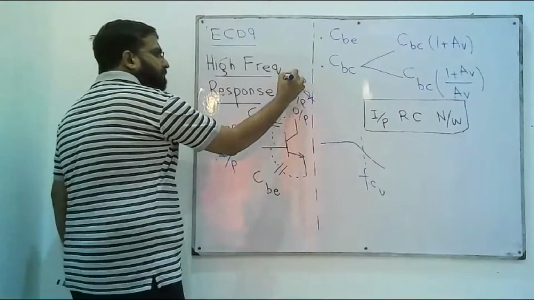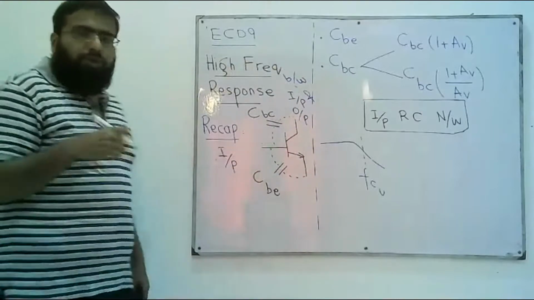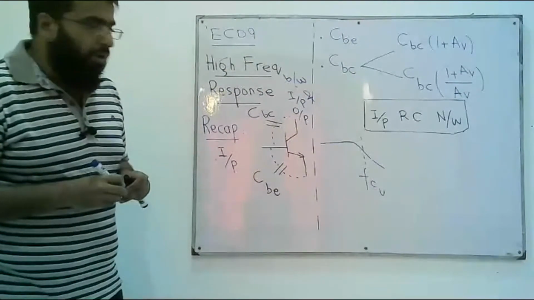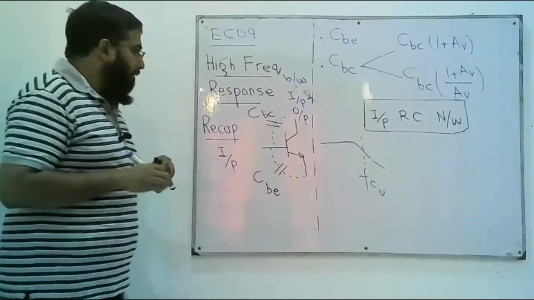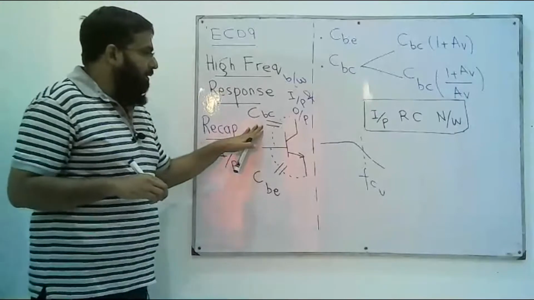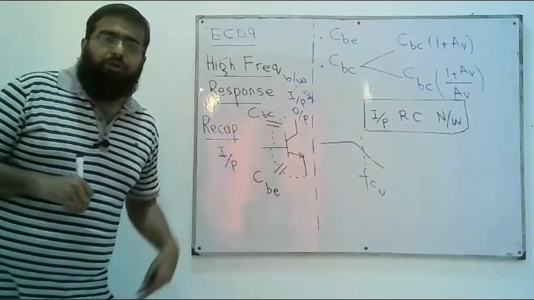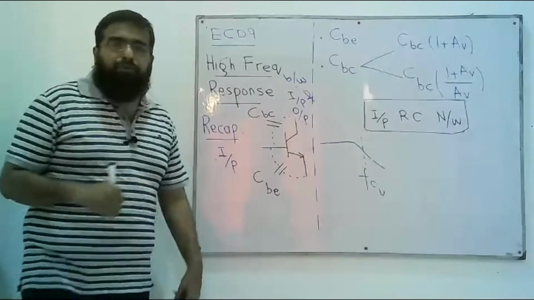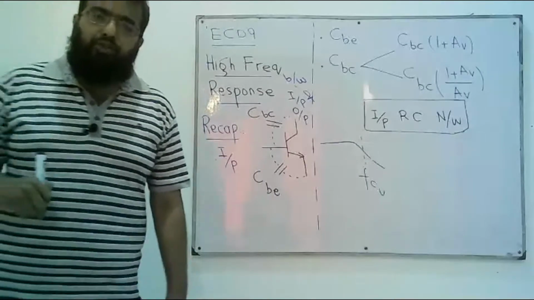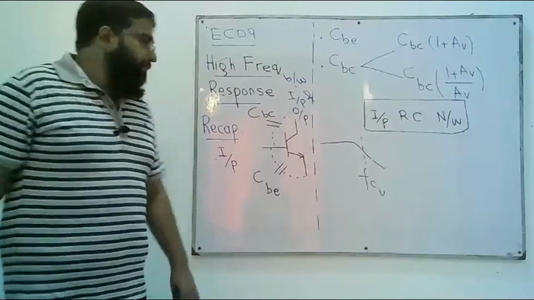In one of our previous lectures, we computed an expression showing that part of CBC can be thought of as solely on the input side and part of it can be assumed to be on the output side.